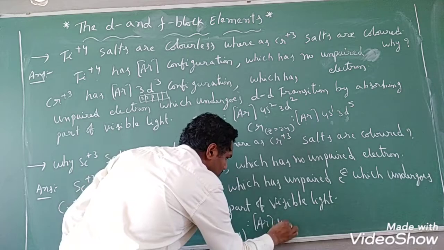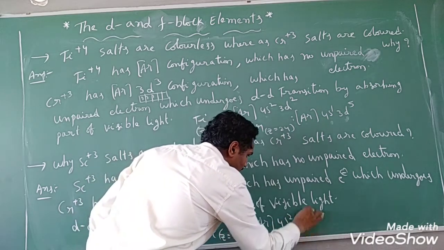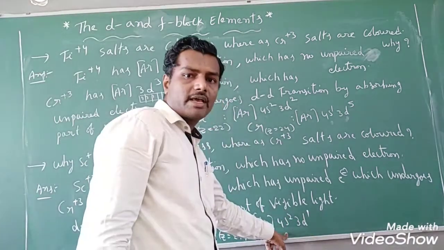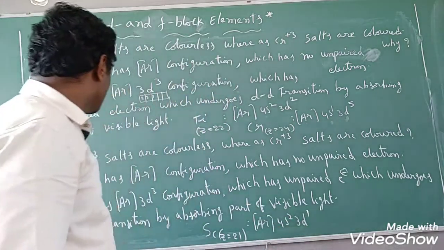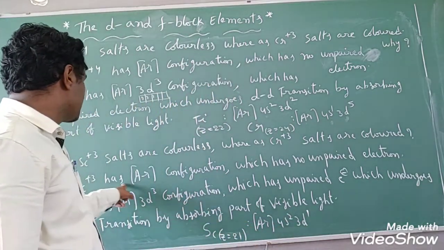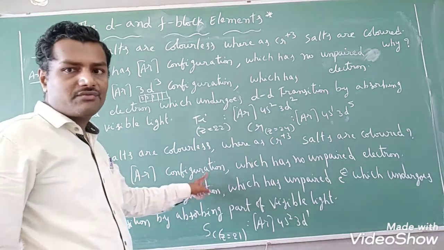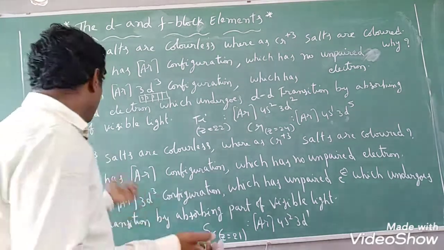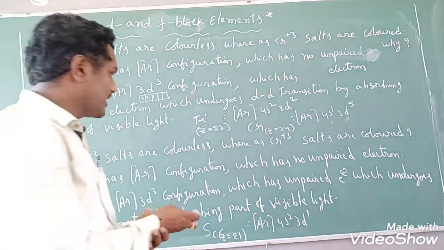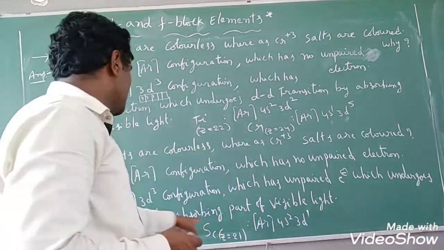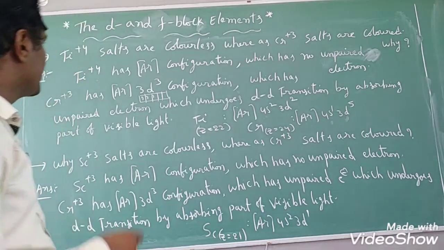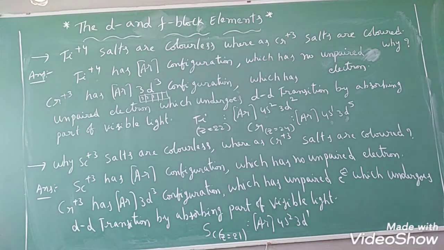Argon 4s2 3d1, right? +3 means it loses 3 electrons: 2 electrons from 4s and 1 electron from 3d. So it attains argon configuration. So Sc+3 has argon configuration, which has no unpaired electrons. So because of that reason, scandium +3 salts are colorless, right? Whereas Cr+3 salts are colored, already we have discussed the same thing, right? I hope everybody understood. Copy this one.